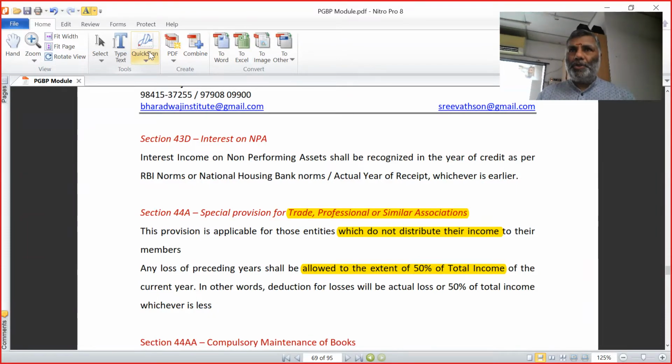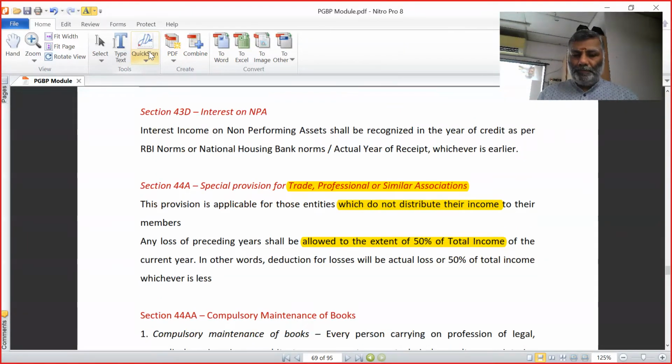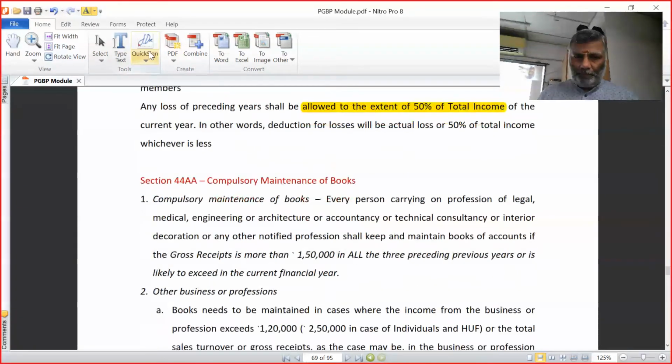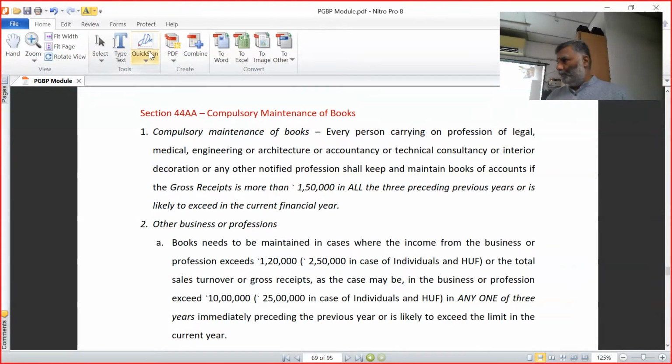If you have a profit in other sources, 50% of the total income. Suppose you have a brought forward loss. In the current year, you have both business income and income from other sources.